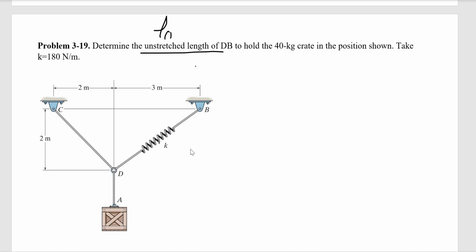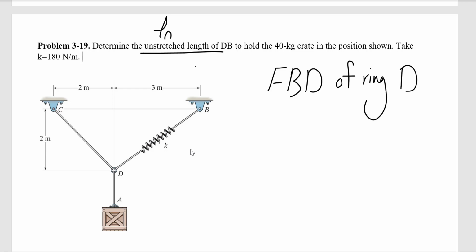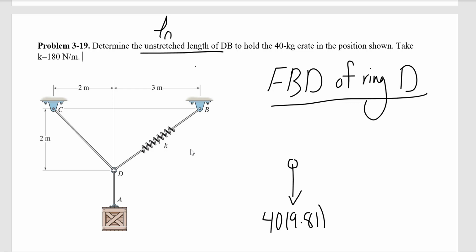And before using the equilibrium equation, the first step is to draw a free body diagram. So if I draw a free body diagram of ring D, I have the weight of the crate, which is 40 times 9.81, it's in kilogram, so times 9.81.